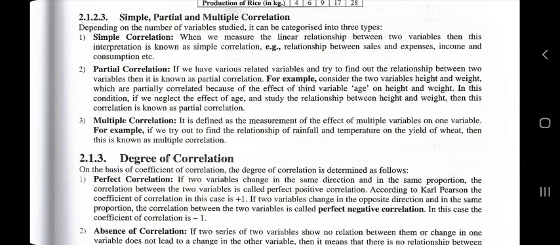Not only rainfall and temperature, the quality of soil, the area of soil, that also affects the yield of wheat. So there are multiple factors, multiple variables which give effect on a single variable. So in such a situation we will call it a multiple correlation. Okay.